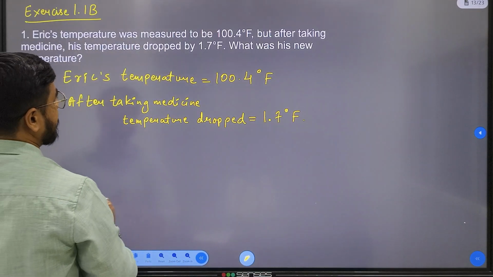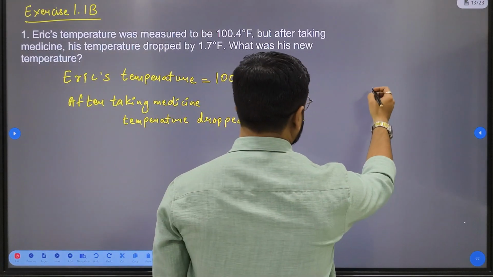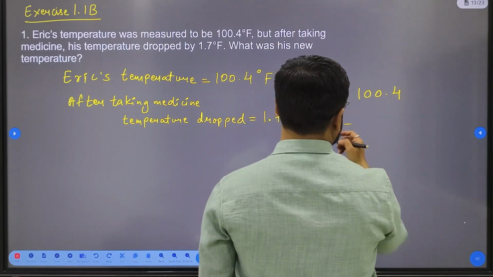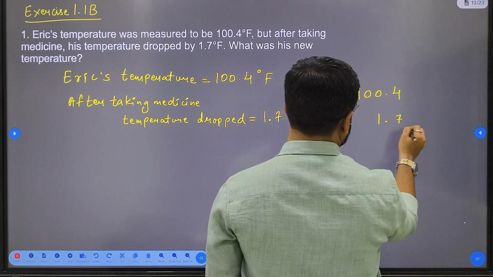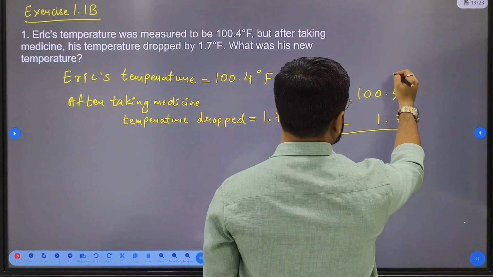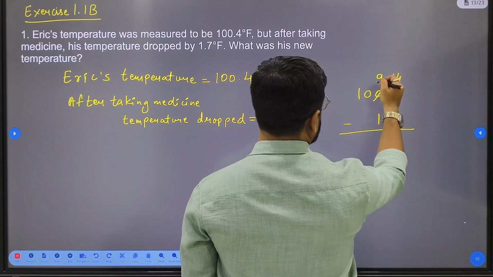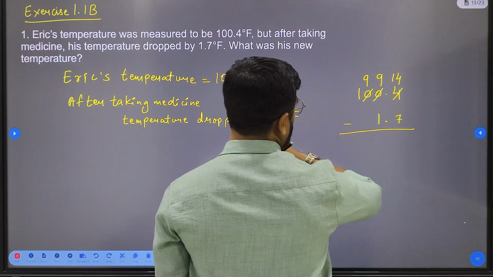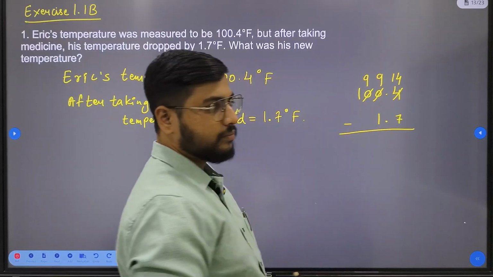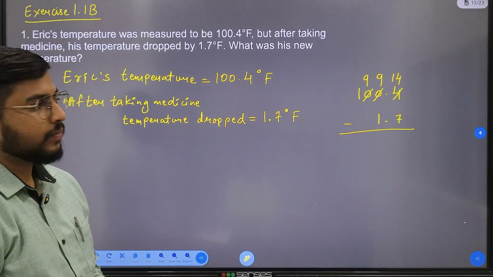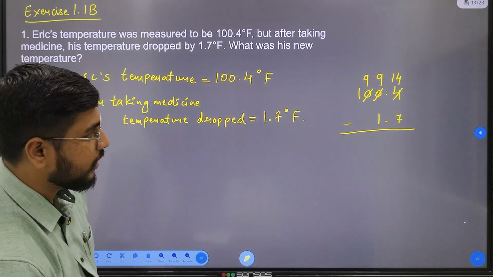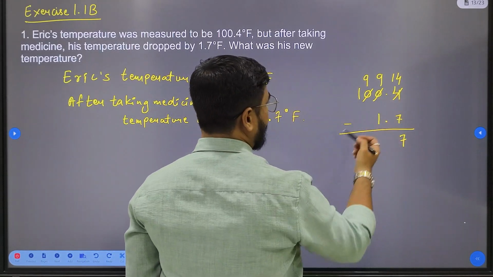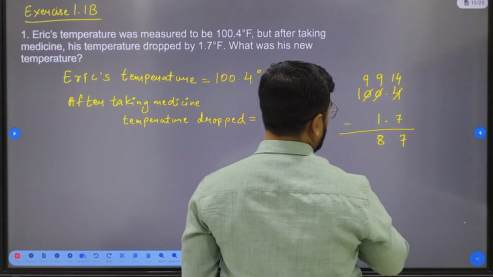So this is an easy subtraction question. Let's do it. 100.4 minus 1.7. This will be 14. This will be 9. This will be 9. 14 minus 7 is 7. 9 minus 1 is 8.